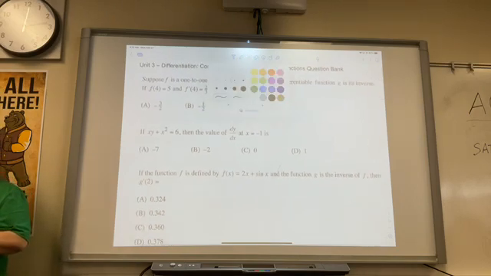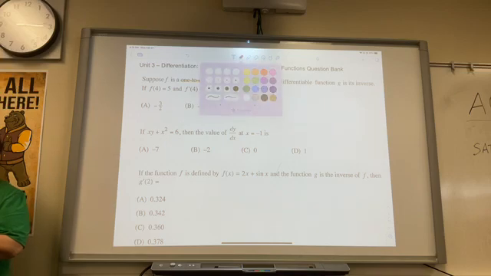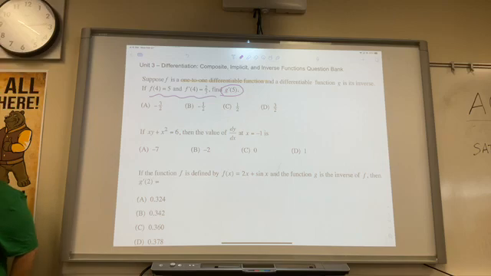Hey guys, what if you don't know what a one-to-one differentiable function is? Skip this question? No, at least try to do it anyway, because look, g prime, when it gives me this other stuff. And look at this, look at that word right there. What word is that? Inverse. Do you guys remember how to do this? Remember it goes like this: 1 over f prime of something.